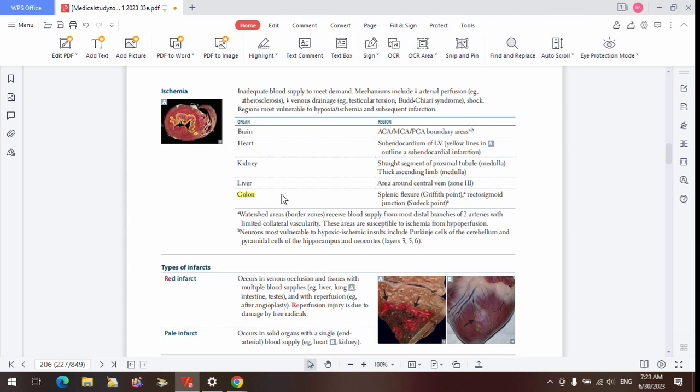Exactly. Now, in order to respond to that increased demand, what should happen is that the coronary vessels should dilate so that you can have increased blood flow to that muscle. If they don't dilate to increase that blood flow, and they are not occluded, blood is still going, but they don't dilate to increase the blood flow, that heart muscle can still suffer ischemia because they have not met the demand of that muscle.